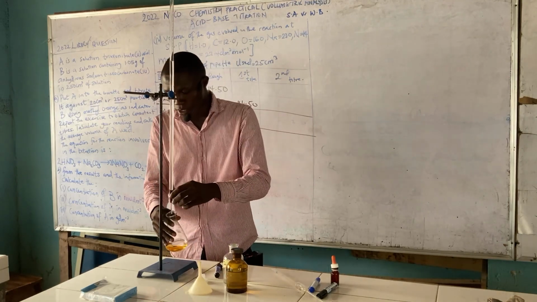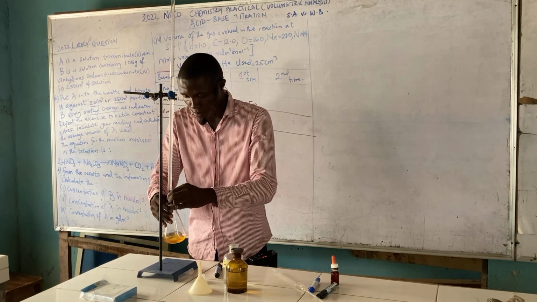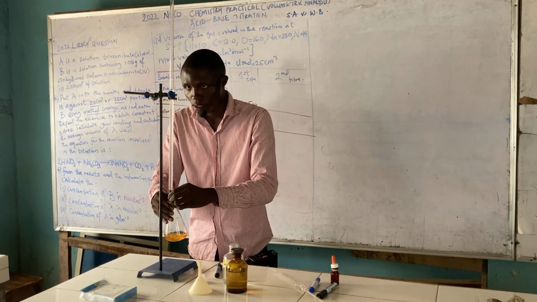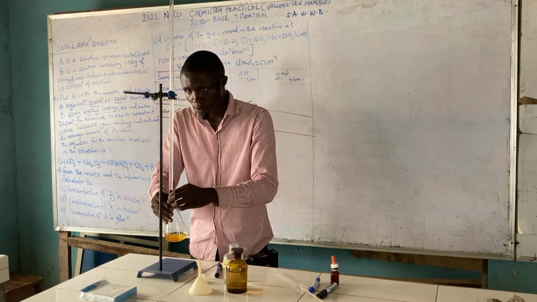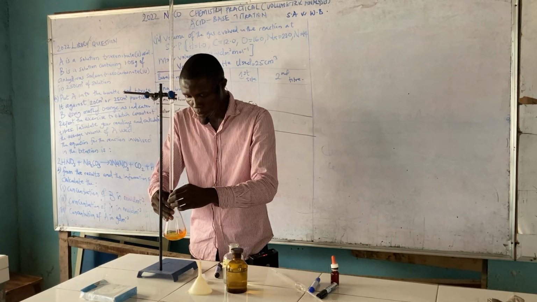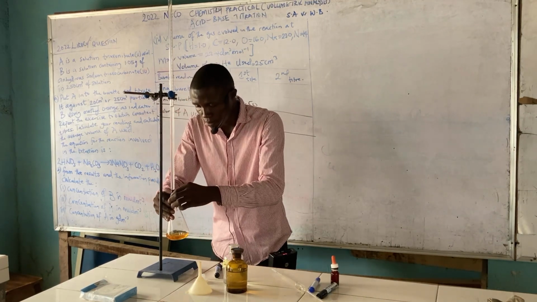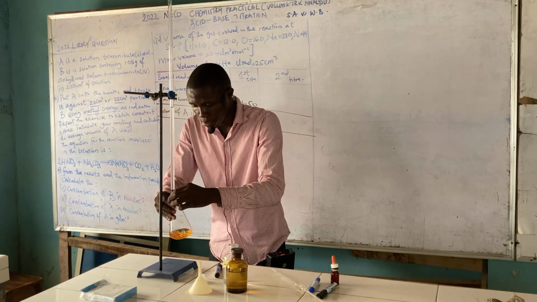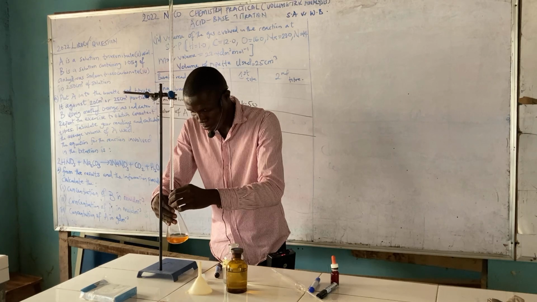Then run your A from the burette. Getting close to 29. Okay. You can see we are getting to almost the end point.